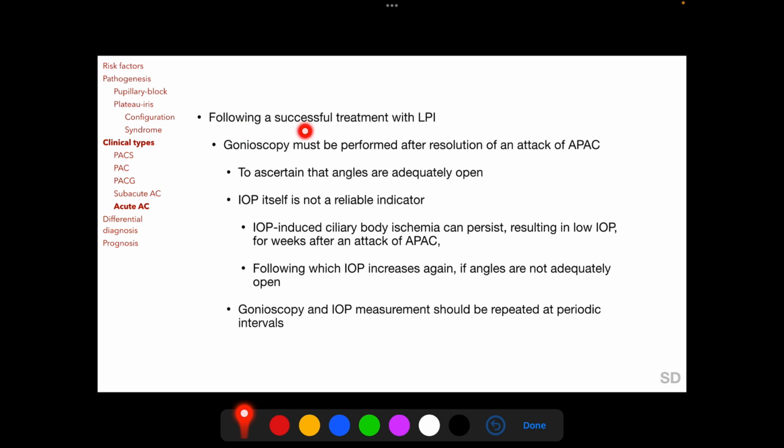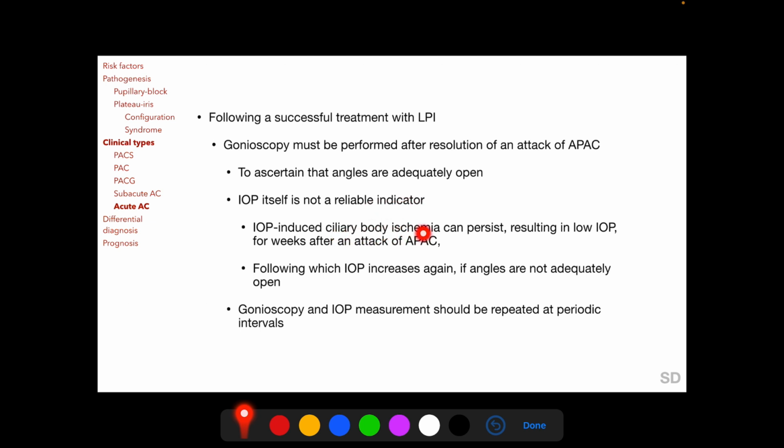Following a successful treatment with LPI to open the angle and lower the intraocular pressure, which occurs in most cases of acute primary angle closure attack, gonioscopy must be performed after resolution of the attack. Gonioscopy must again be performed to ascertain that the angles are adequately open, because IOP itself is not a reliable indicator.